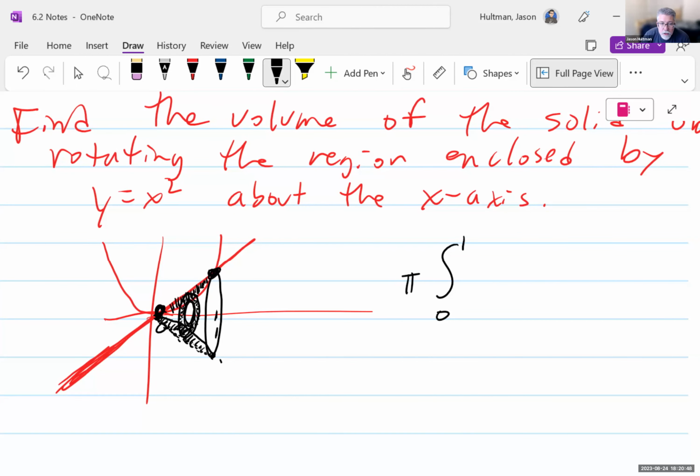What's my top function? What's my f of x here? Y equals x. Yes. Thank you. Very good. The top function is y equals x. The bottom function is y equals x squared. So this is going to become x squared minus x squared squared dx.